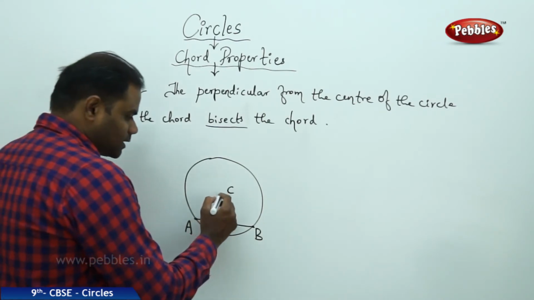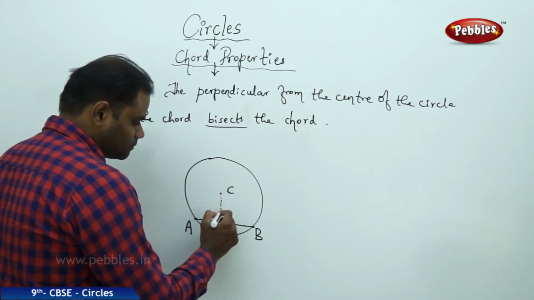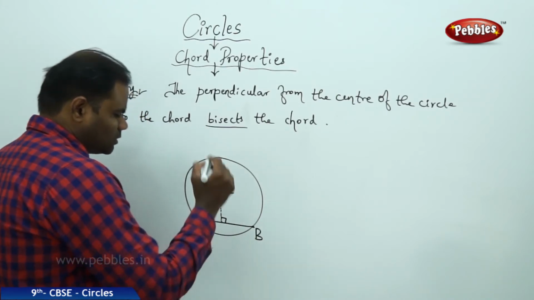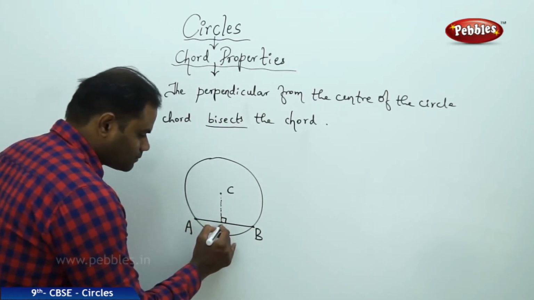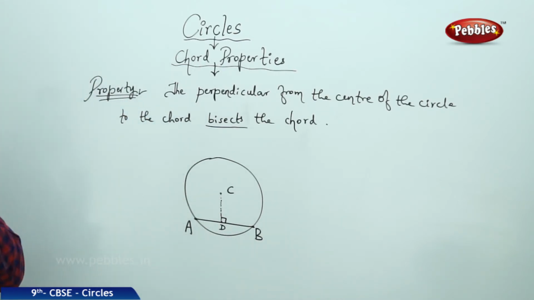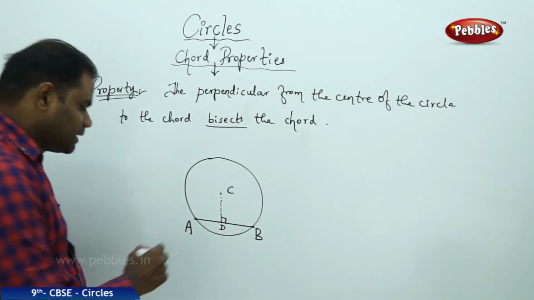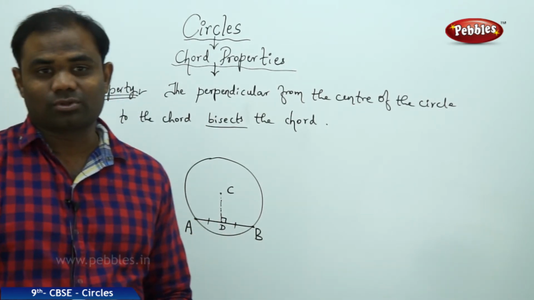So from center of circle, I drop a perpendicular. So here I have a perpendicular, say CD, out here. So this perpendicular CD bisects the chord AB. That is exactly, it passes through the midpoint.